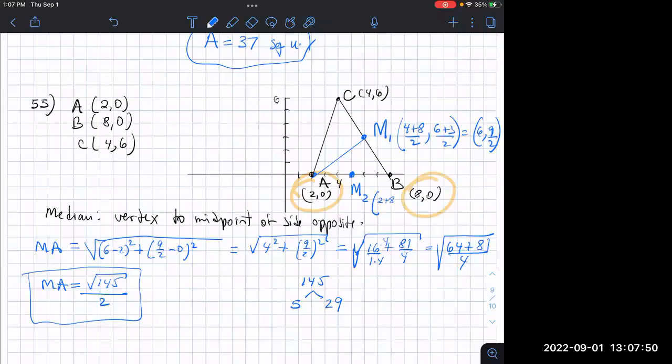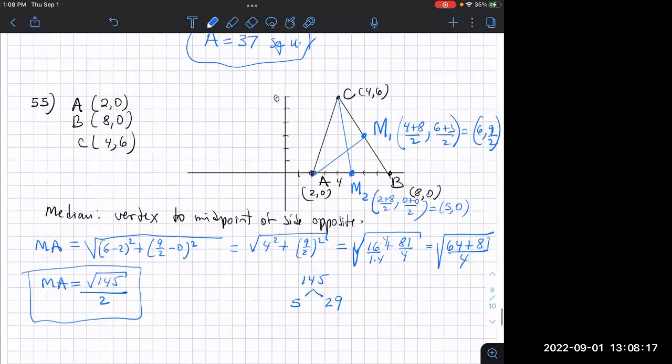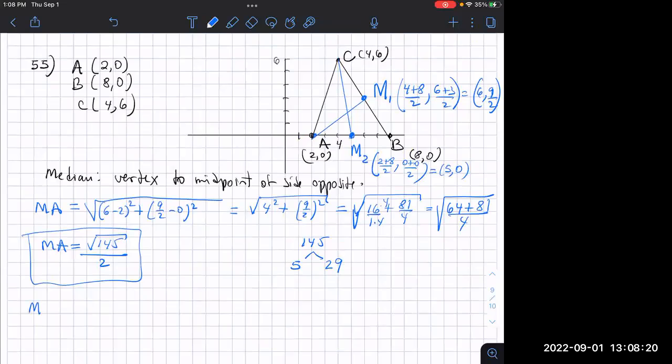So 2 plus 8 divided by 2. The Y components are 0 and 0, so 0 plus 0 over 2. Does that make sense? So what is that equal to? That equals 5 and 0. Now we connect M2 with C and find that median, M2C. And apply the distance formula and keep on going.